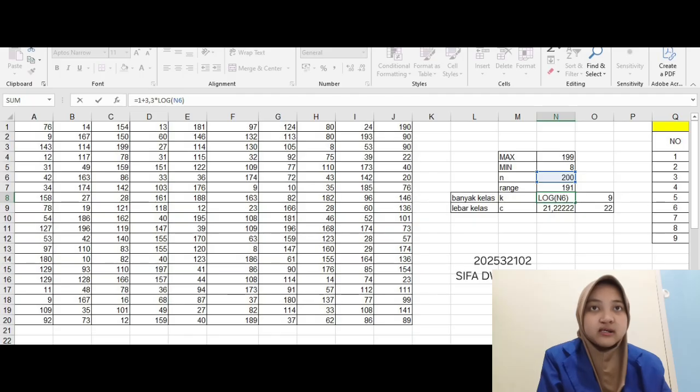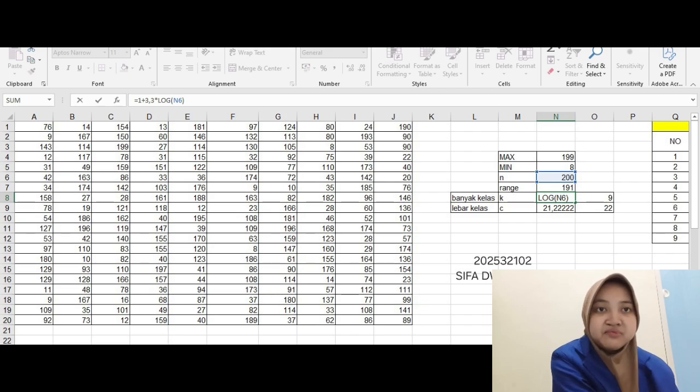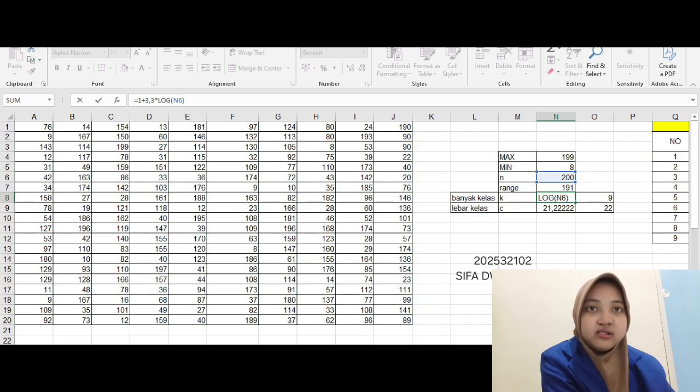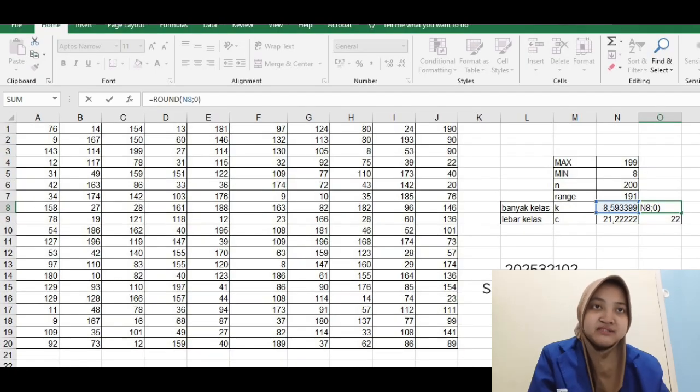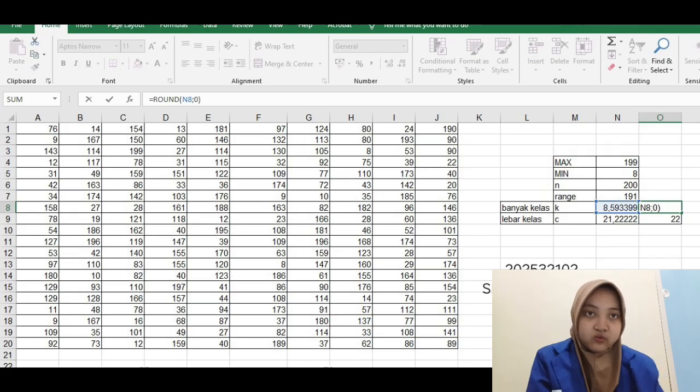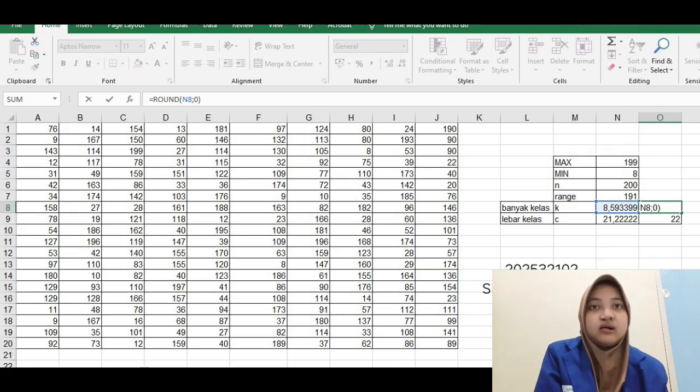Second, finding k and class width. So the formula of k is equal 1 plus 3.3 times log n, and the result is 8.59. Because the number of classes must be a whole number, we round it using equal round k.